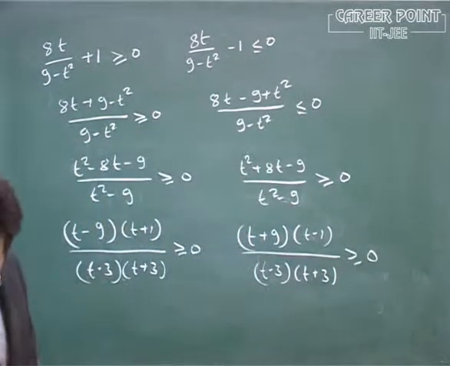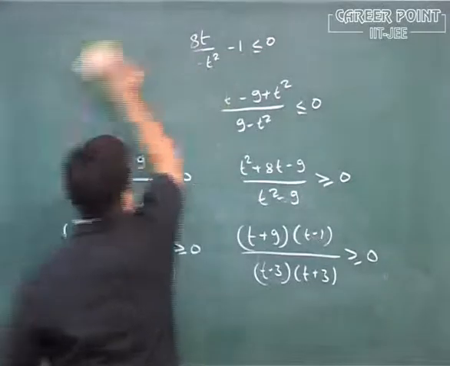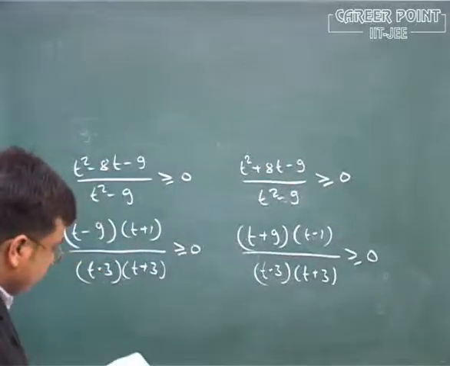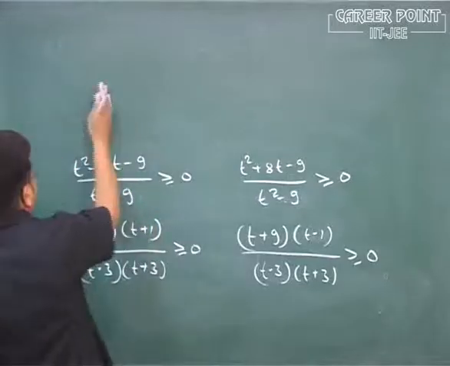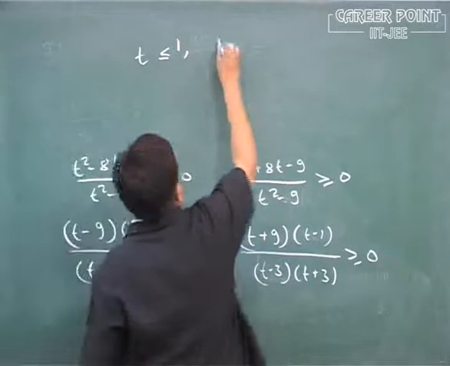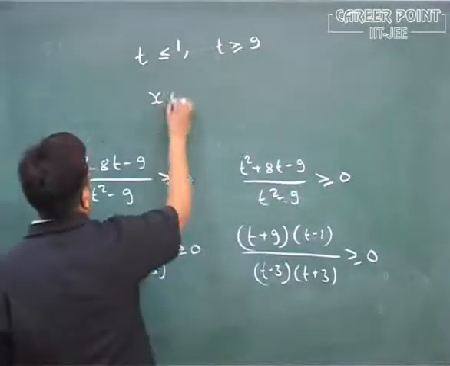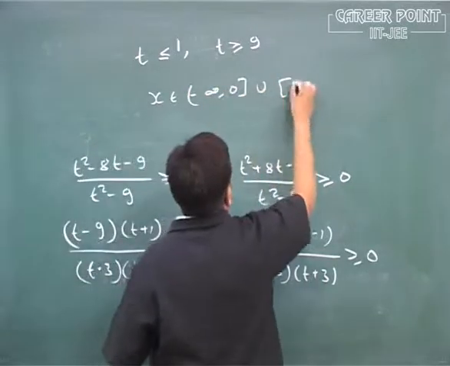By solving these two inequalities, we get t is less than or equal to 1 and t is greater than or equal to 9. So, x belongs to minus infinity to 0 union 2 to infinity.